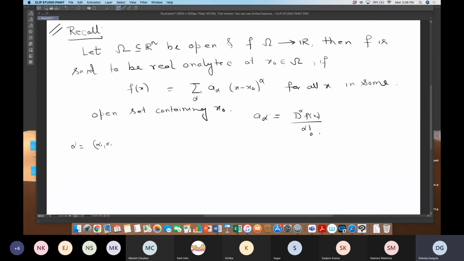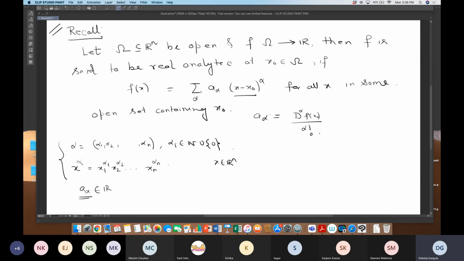And we know that alpha is a multi-index. That means alpha 1, alpha 2, up to alpha n, and the alpha i's are in the natural numbers union 0. And what is the meaning of x to the power alpha? When x is in R^n, this is nothing but x1^alpha1, x2^alpha2, up to xn^alpha n. So this is the notation.